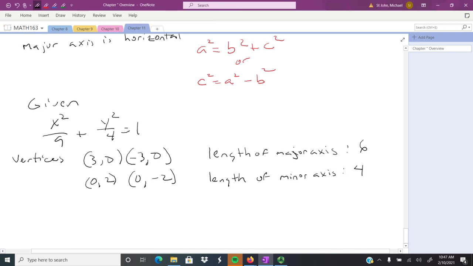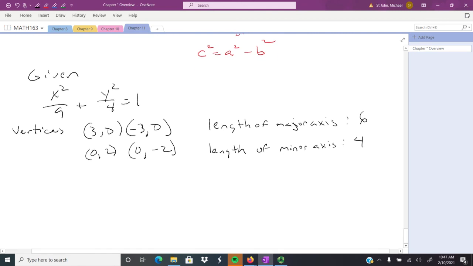And then if I want to know my foci, which is what those values of c are called, those are your foci. And so we have that c squared is going to equal 9 minus 4. So c squared is equal to 5.